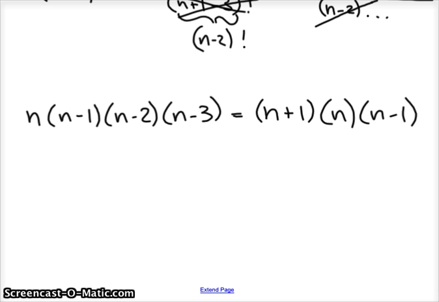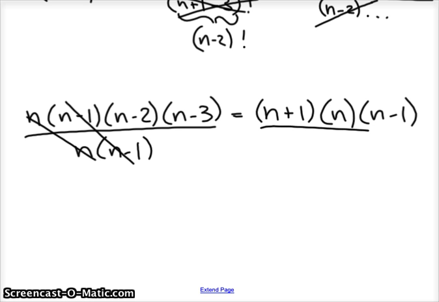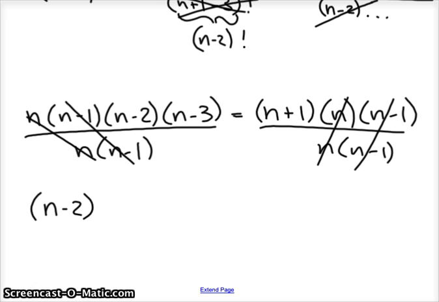The nice thing here is I can actually go ahead now and eliminate by dividing. If I divide both sides by n and n minus 1, that cancels, and on this side those two cancel. So I'm left with n minus 2 times n minus 3 is equal to n plus 1.